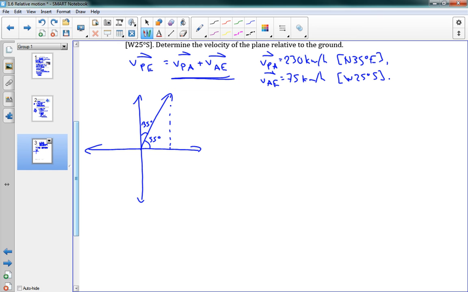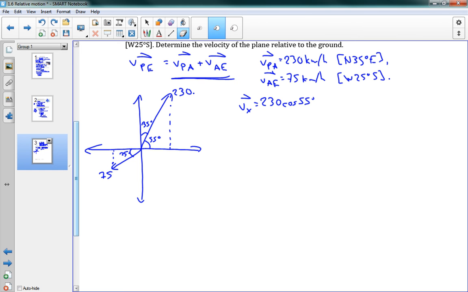And you can drop your component. And then we have the air relative to Earth, 75 kilometers west 25 south, something like this. This is 25 degrees, and this is 75 kilometers per hour. So we have 75, 230. You need to break it up into the components. So remember, we have Vx is equal to 230 cosine 55 degrees.